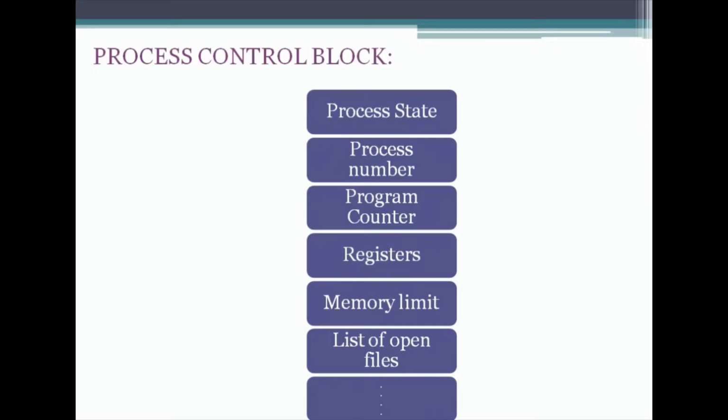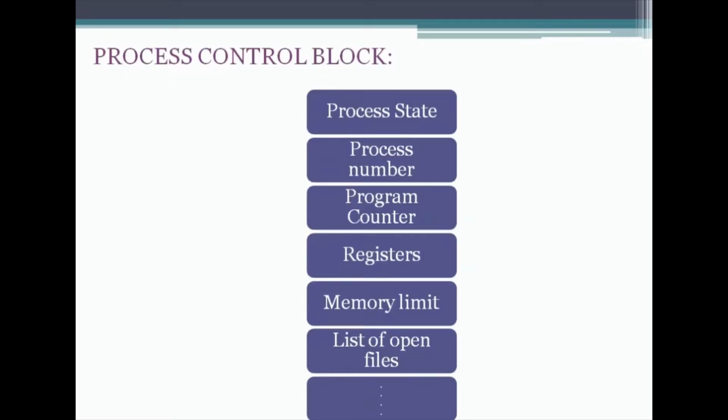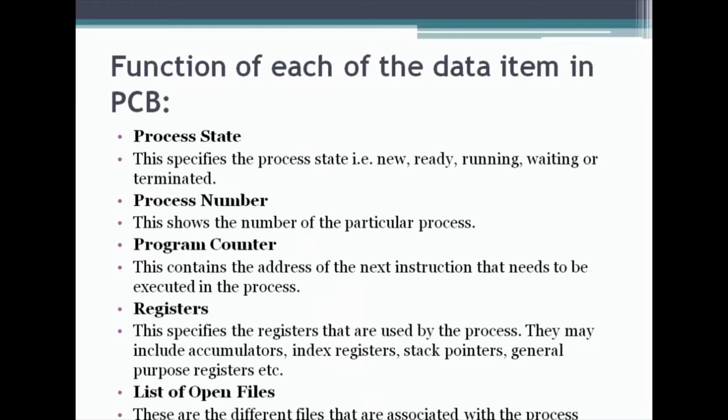So this is how a process control block looks. Let us discuss the function of each data item within this process control block. That is, the function of the process state, the function of the process number, and other things we are going to see.